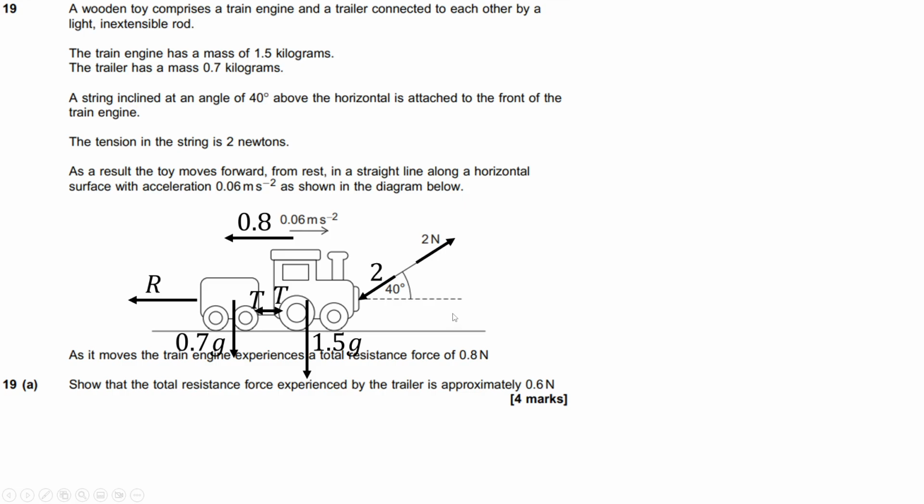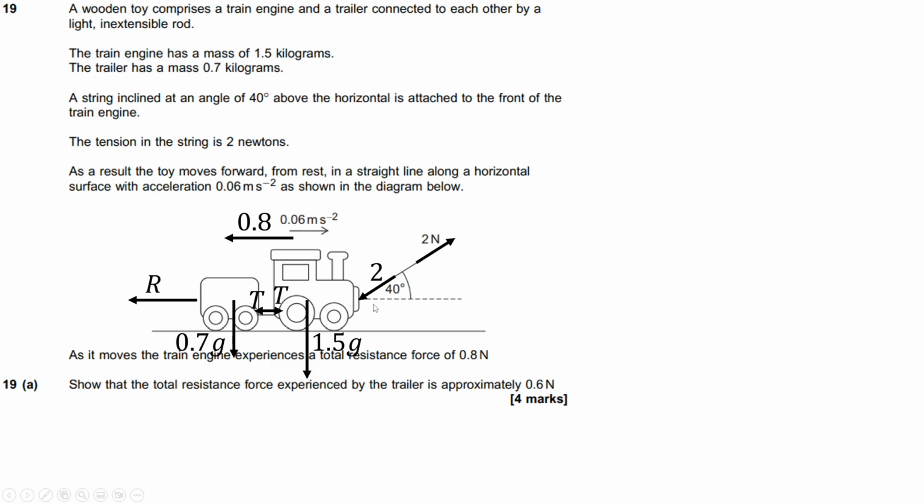This would be the hypotenuse times cosine of the angle, and this would be the hypotenuse times sine of the angle. You can let this equal A, this equal B, and rearrange for A if you prefer, using SOHCAHTOA. Anyway, you'll get this as 2 cosine 40 degrees.